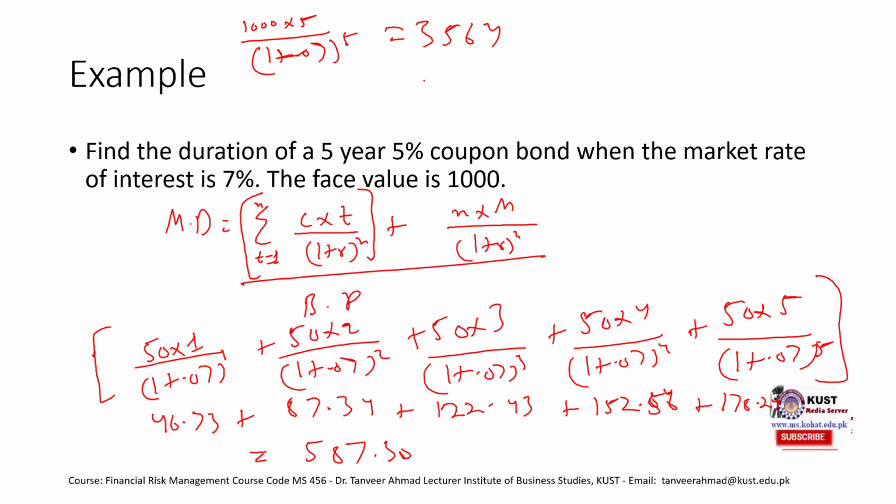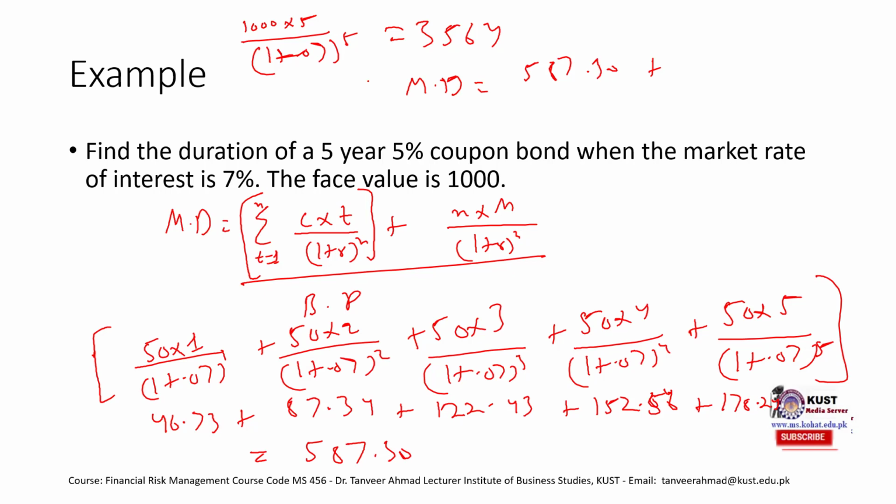Okay, so if we put these values into this formula, Macaulay duration is equal to, the sum of this part of the equation is 587.30.